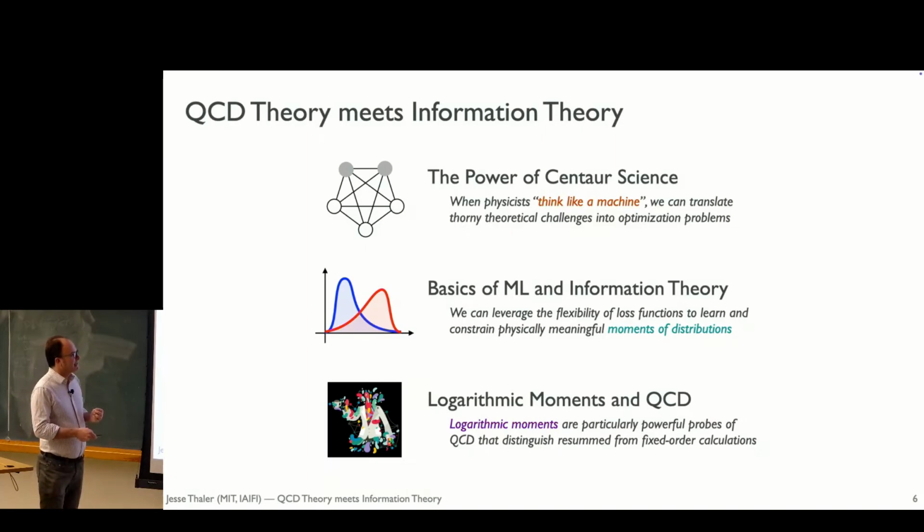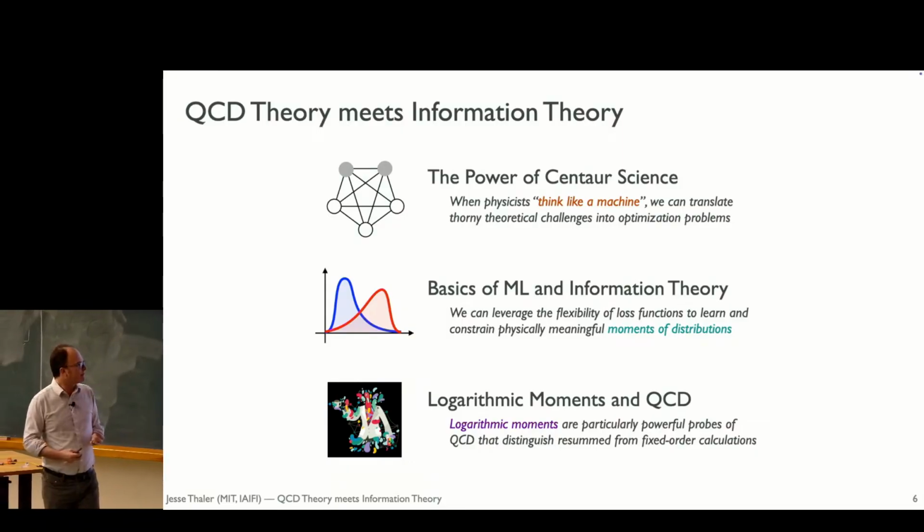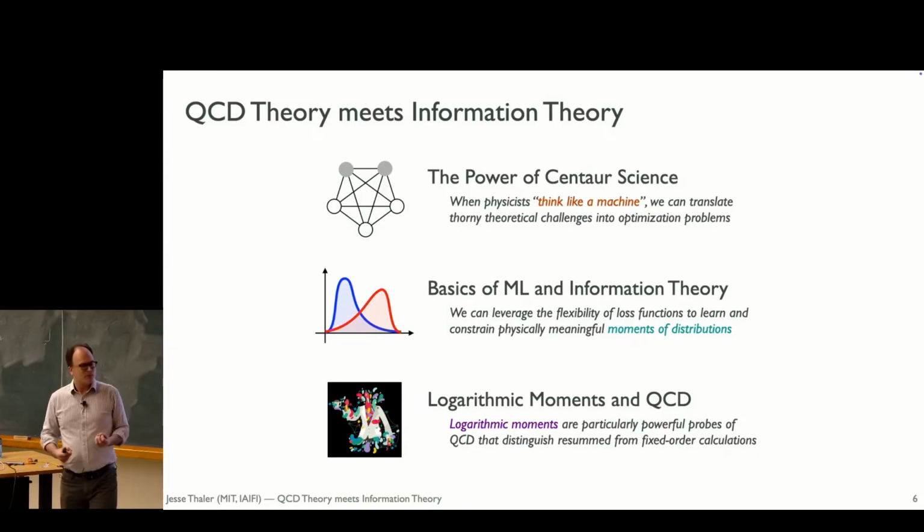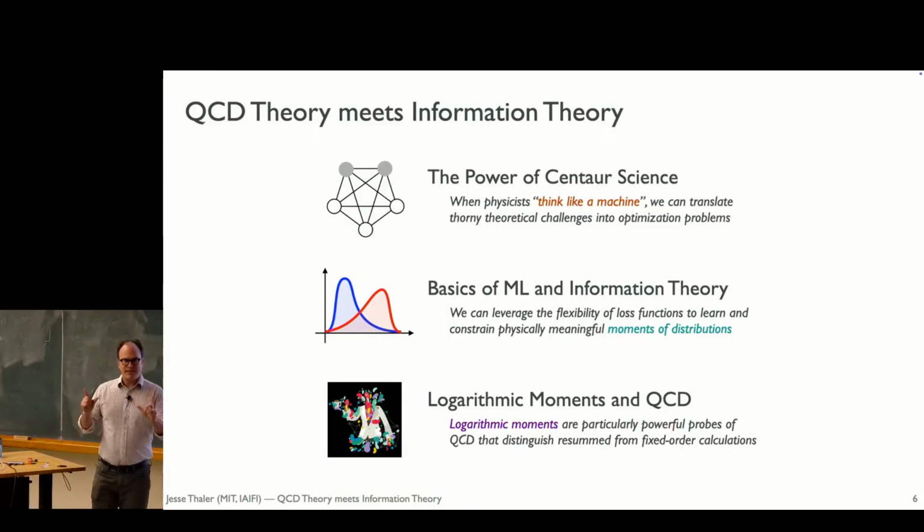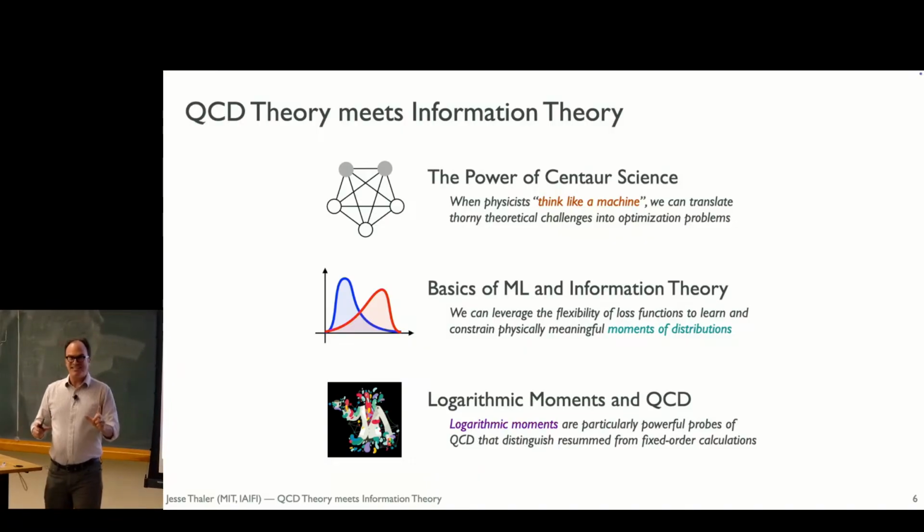And then telling you about this QCD aspect: logarithmic moments, which to my knowledge have never appeared in the QCD literature before, are particularly powerful probes that distinguish different calculational strategies. And even if you aren't an expert, hopefully you'll see that the structure of these logarithmic moments is different from what you might have seen or expected to see from perturbation theory.